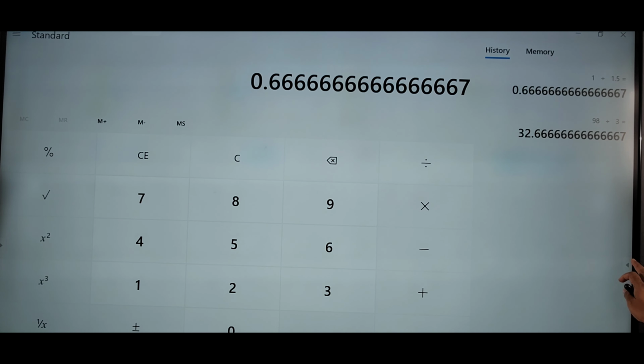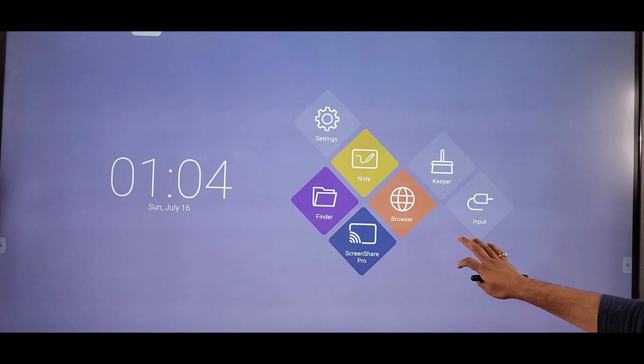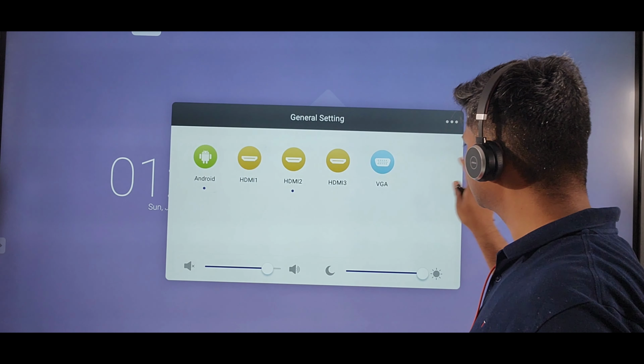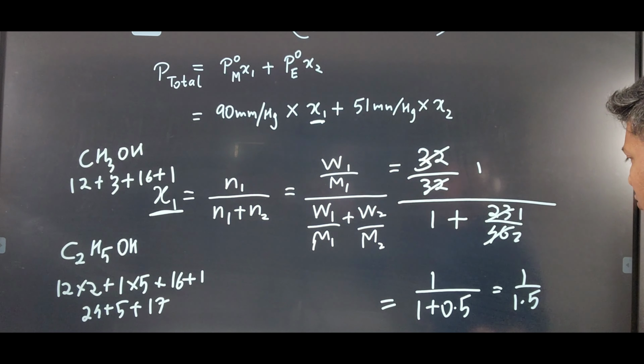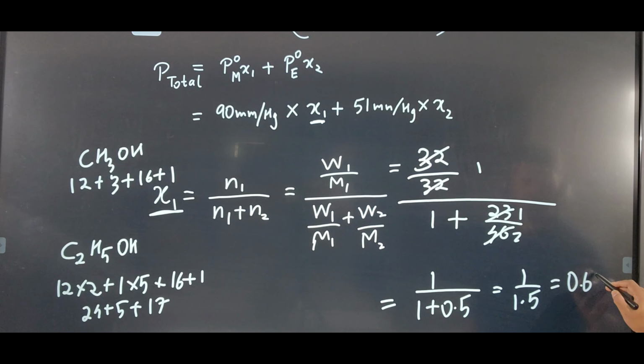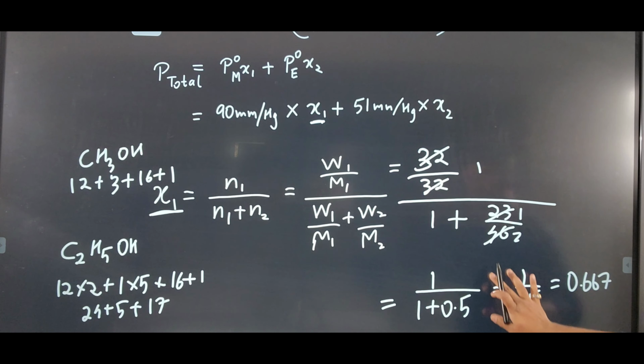It is 0.66, like 3 by 2. So 0.667 is the answer.